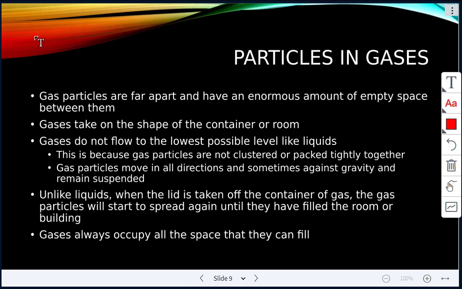Gas particles are able to move in all directions and sometimes against gravity, and then they can remain suspended. So like I said, if you take the lid off of a container of gas, those gas particles will just start to spread again until they fill up that whole room or maybe that whole building. All right, so gases, they'll always occupy all the space that they can fill.